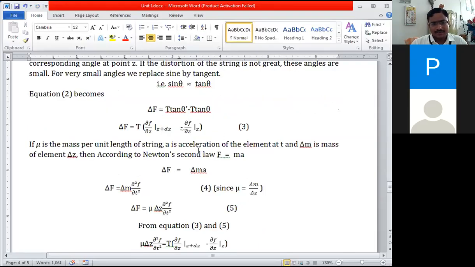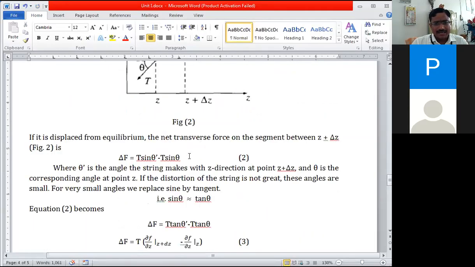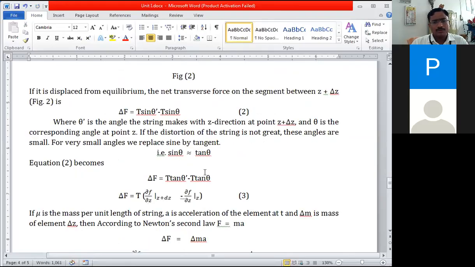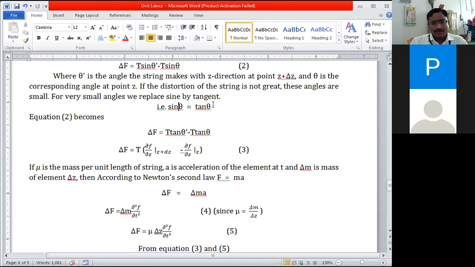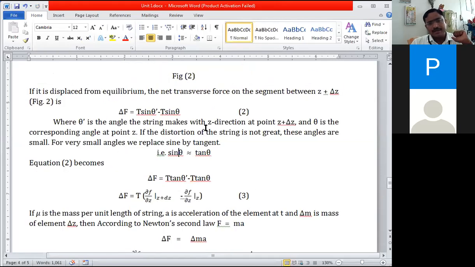Now what is tan theta? Trigonometrically, sin theta is opposite side divided by diagonal, and cos theta is lateral side divided by diagonal.